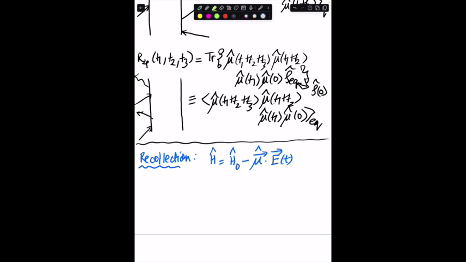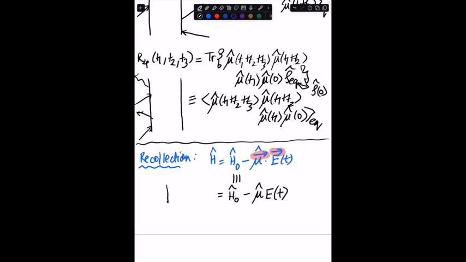And in our case, we ignored the polarization of the transition dipole operator and the electric field. So in our case, we considered the simplified version where we wrote this as H0 minus mu hat times E of t. And your H0 is your matter system.